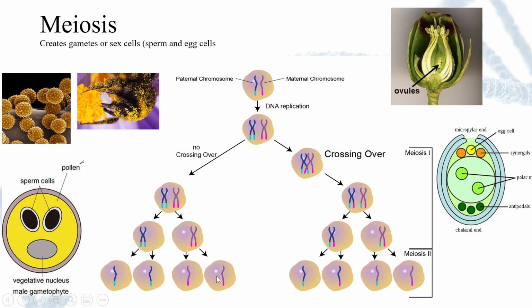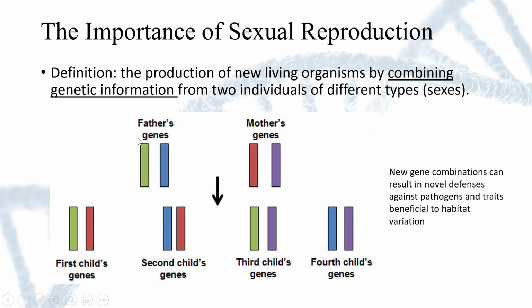Depending on what cells combine, you could have different gene combinations, and you can see that here. We have different combinations of different alleles of the father's genes and the mother's genes. As a result, your children can have different combinations of these genes. Again, if we want a formal definition of sexual reproduction, it's the production of new living organisms by combining genetic information from two individuals of different types.